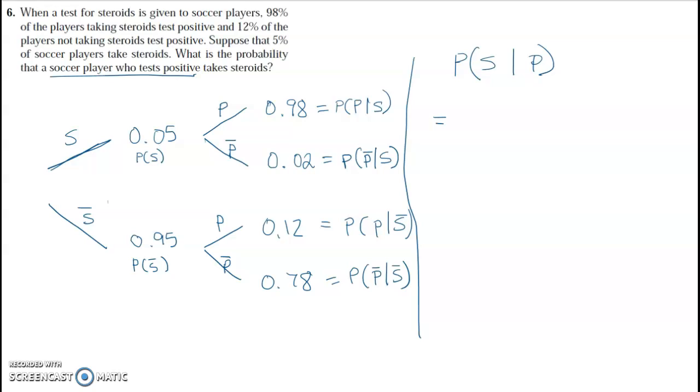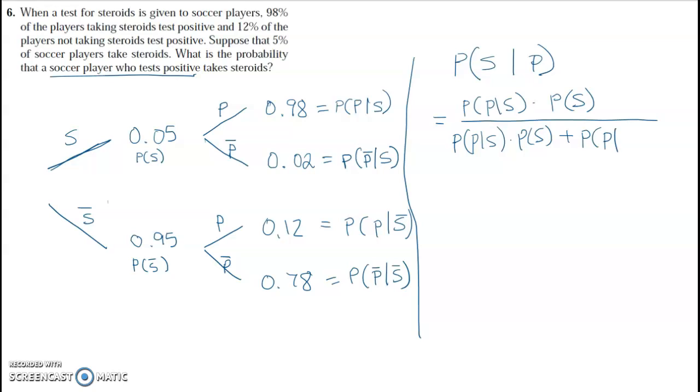Our textbook gives us Bayes theorem: P of S given positive is identical to P of positive given S times P of S, over P of positive given S times P of S, plus the probability of positive given not S times the probability of not S. Now it's all about plugging in the values.